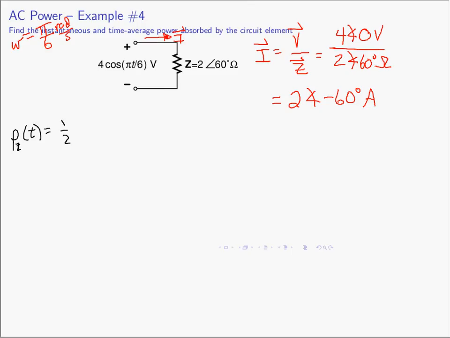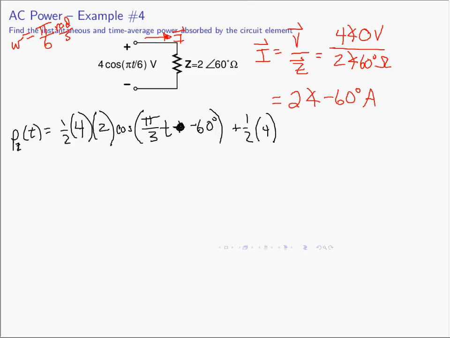Well, Vm is 4, Im is 2, cosine of 2 omega, so that's going to be pi over 3 times t plus theta, and theta is 0, plus phi, which is going to be minus 60 degrees, plus 1/2 Vm, 4, Im, 2, cosine of theta, which is 0, minus phi, which is minus 60 degrees.